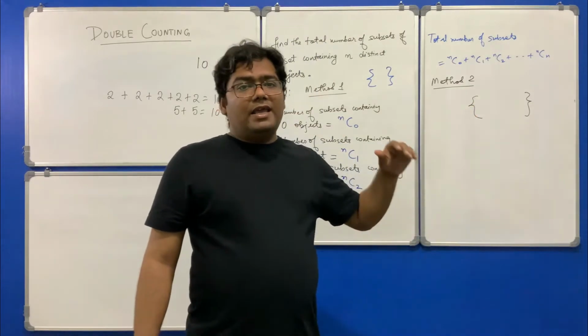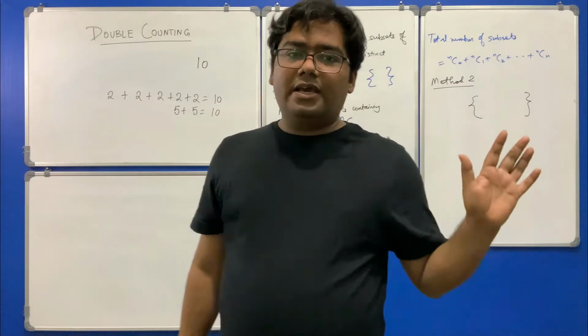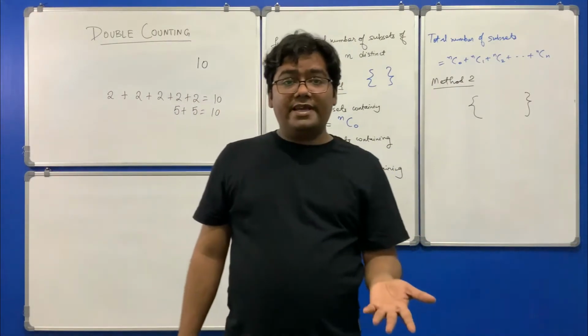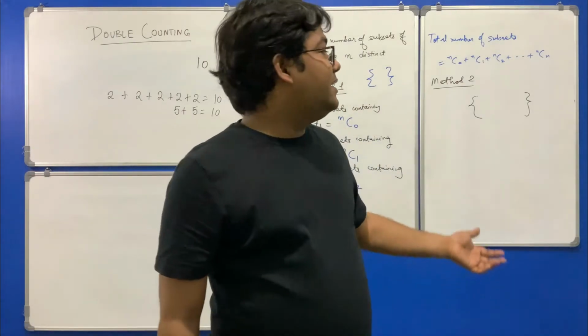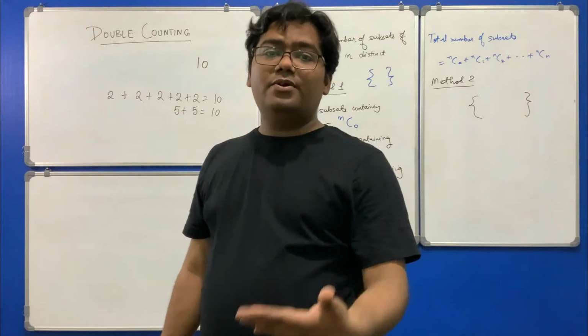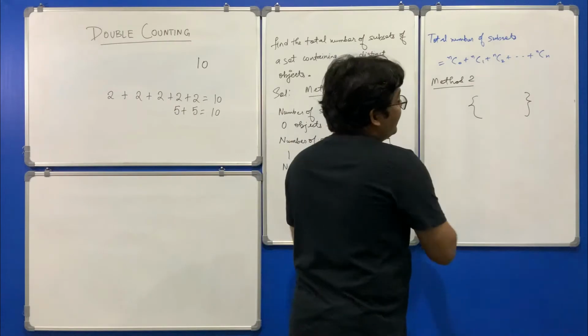Alright. If every distinct object there, A1, A2, A3, every distinct object in this set has two choices, then by the multiplication principle, we end up with the total number of subsets that can be formed being nothing but 2 into 2 into 2, n times. Alright, this is the idea. So what do we end up with?